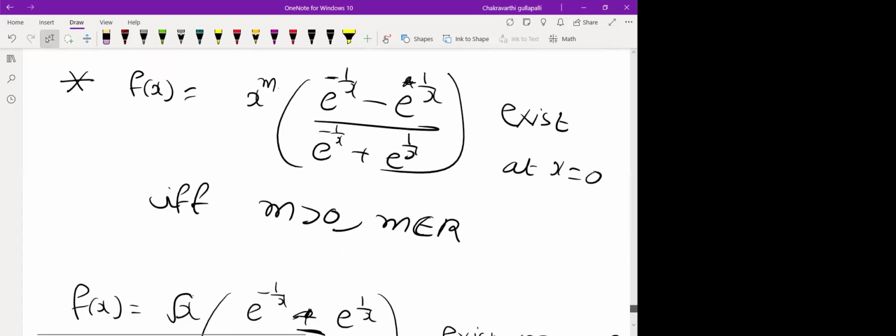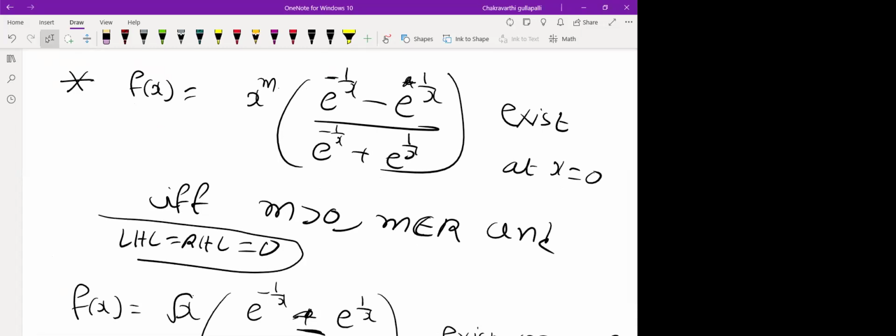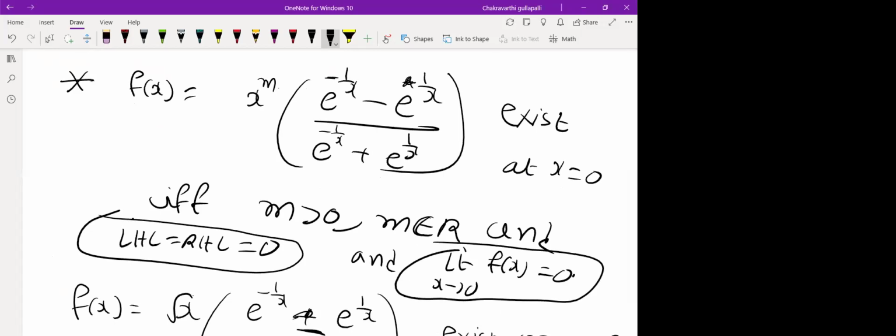What is the value of that shortcut? And LHL is equal to RHL will be equal to 0 always. Remember, ఇంకా చేయాల్సిన అవసరం లేదు. And limit x approaching 0, fx is the standard formula.